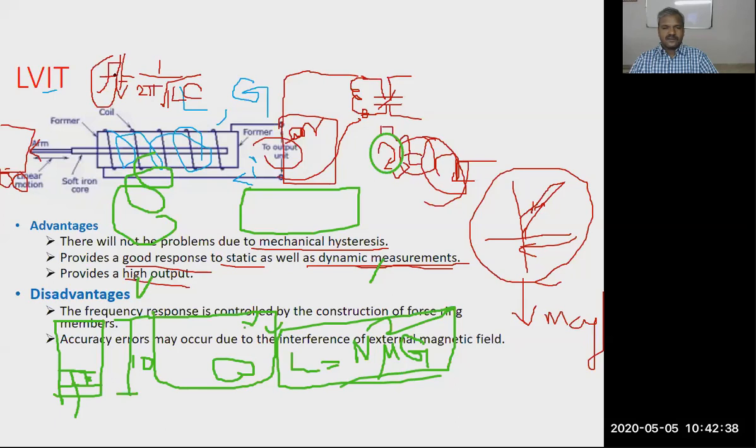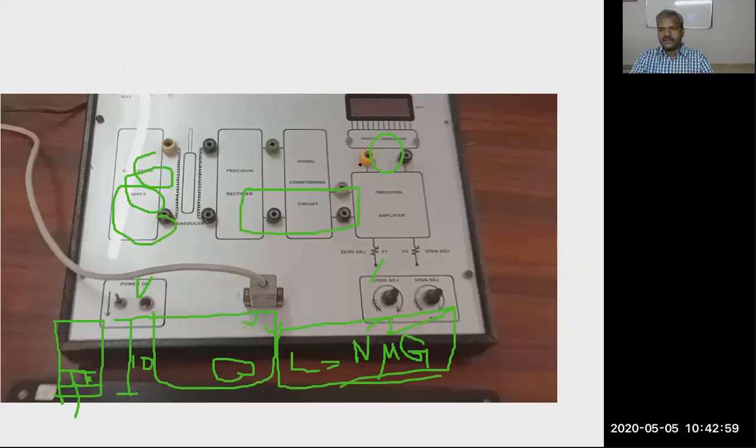Depending on this relation, you can create a very good inductive transducer. Based on this, we can have one linearly variable inductive transducer in our laboratory. That is a very good setup. Let us see the working of the laboratory setup.